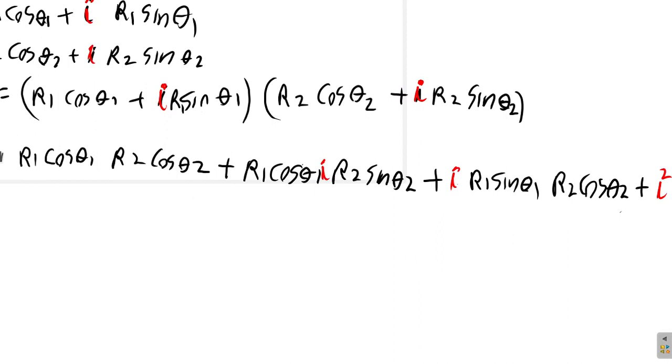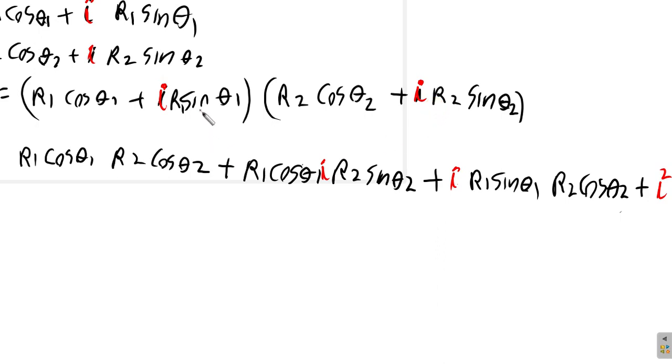So what we have is r1 cos theta 1 times r2 cos theta 2 plus r1 cos theta 1 times i r2 sine theta 2.